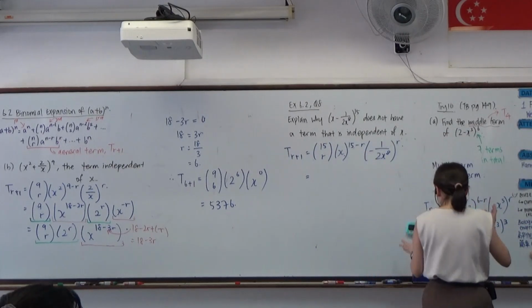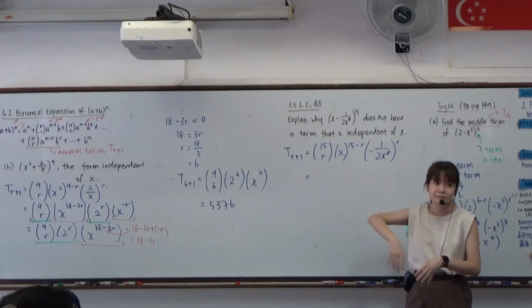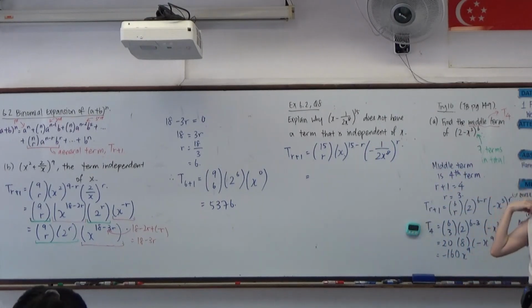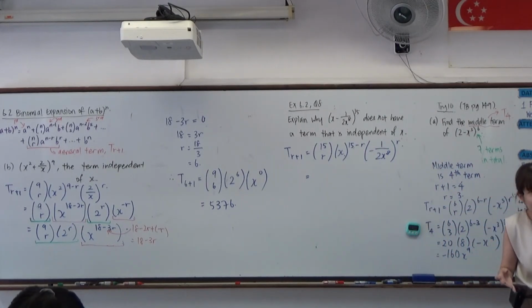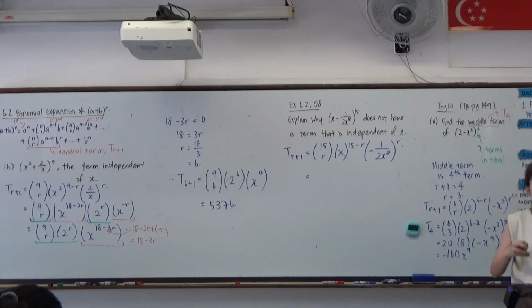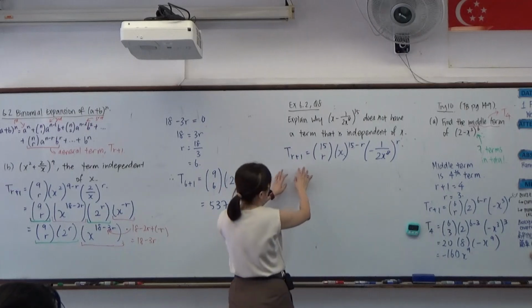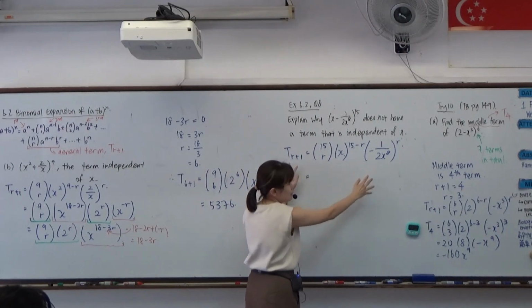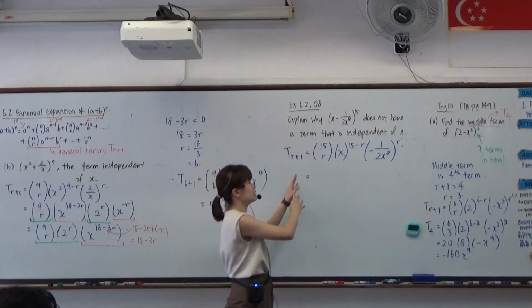I still don't understand this idea of term independent of x, maybe let me repeat myself. Term independent of x is when the term does not have x inside it. In our general term formula, what's the purpose of the general term formula?